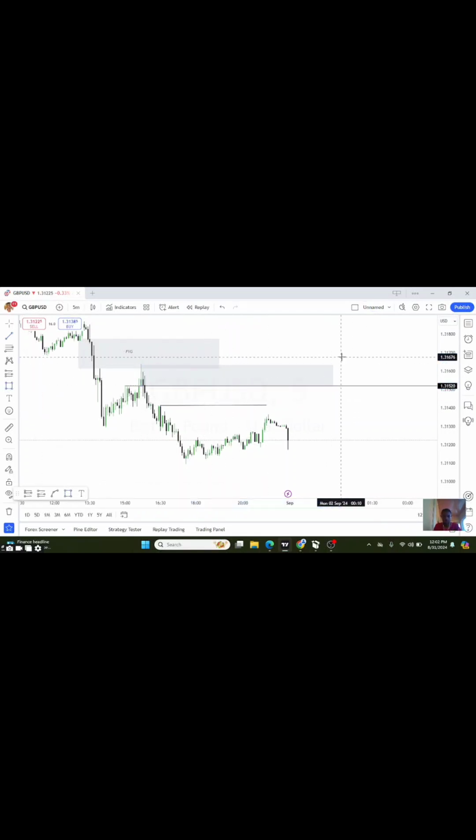And that's a high that needs to be taken, and I got a supply zone that hasn't been mitigated yet, so I want to see price go up to that point.